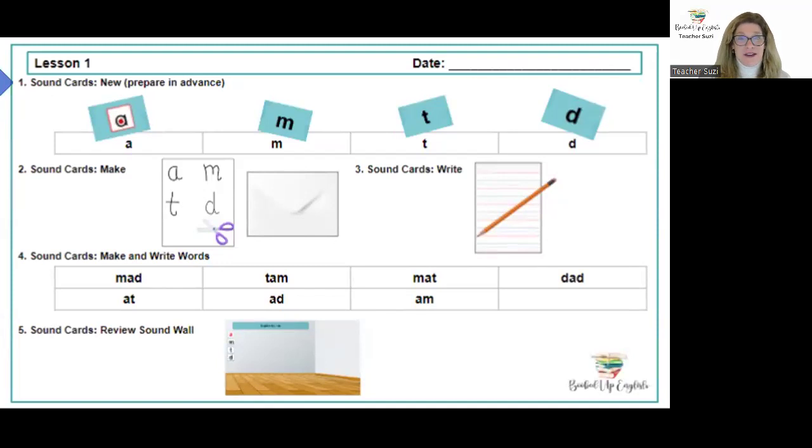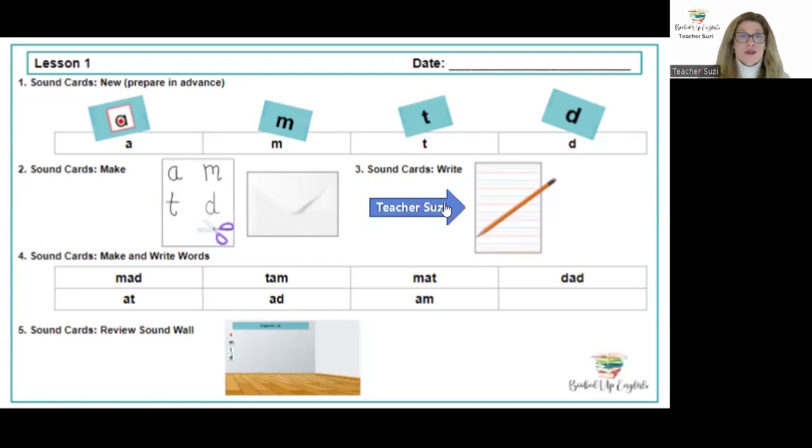We'll need to prepare sound cards in advance. You can simply write them on squares of paper, or you can design them on the computer. Step 2, students will create their own cards. It's helpful for each student to have an empty envelope to glue in their notebook in order to store the flashcards.